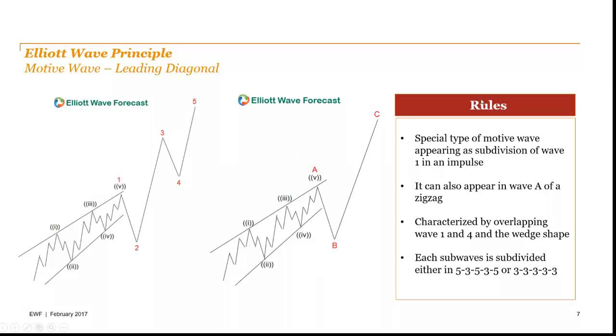Each sub-wave can be subdivided into 5-3-5-3-5 or 3-3-3-3-3. In other words, this wave 1 here can even subdivide into 3 waves. Instead of 5-3-5-3-5, it can be 3-3-3-3-3. So it can be 3-3-3, and you can still label it as 1, 2, 3, 4, 5.